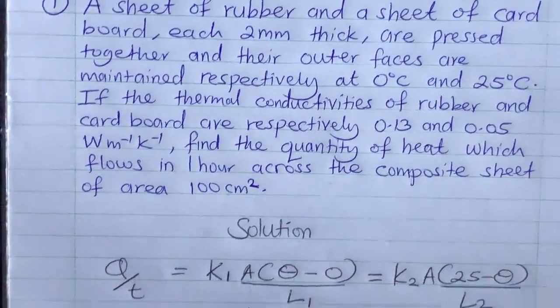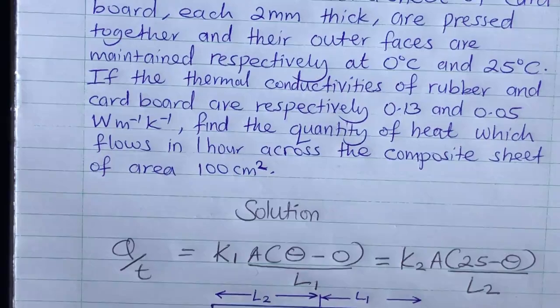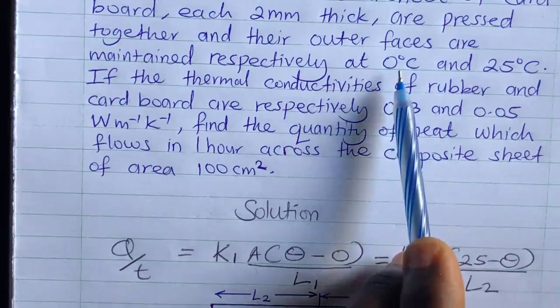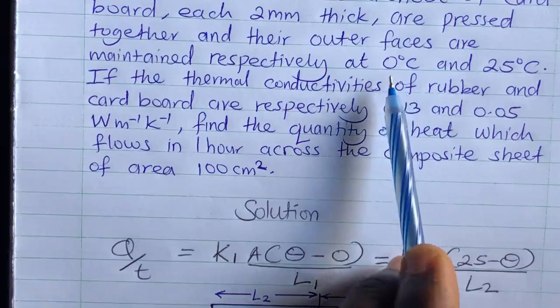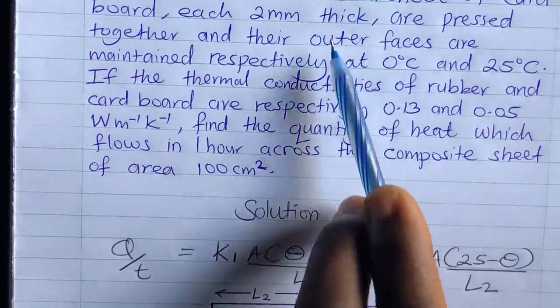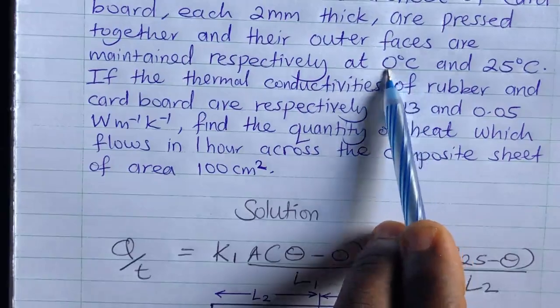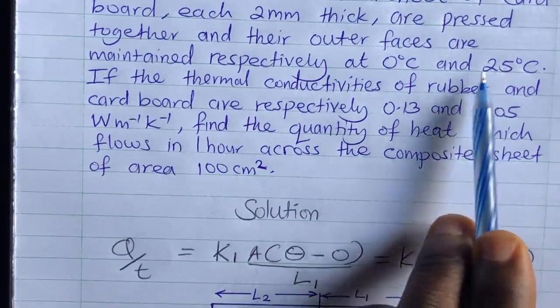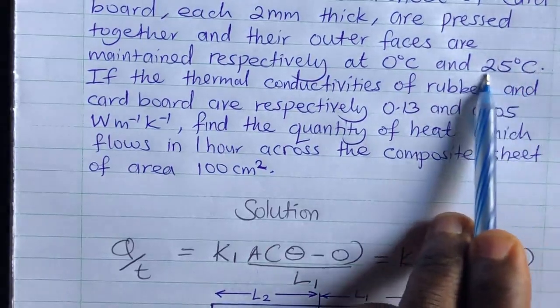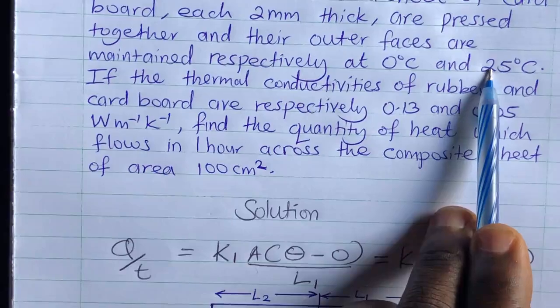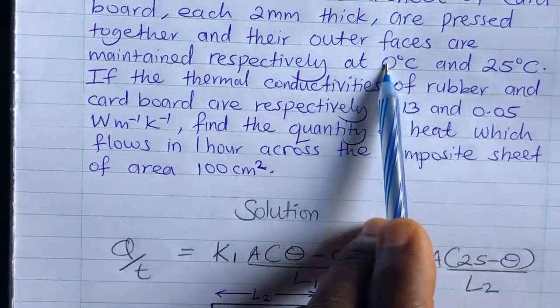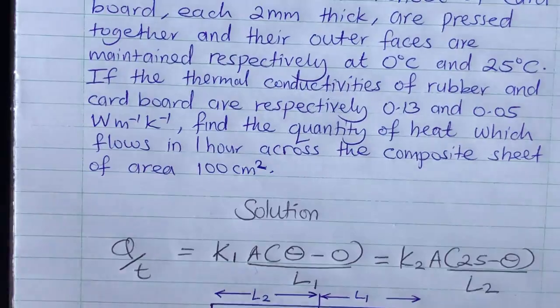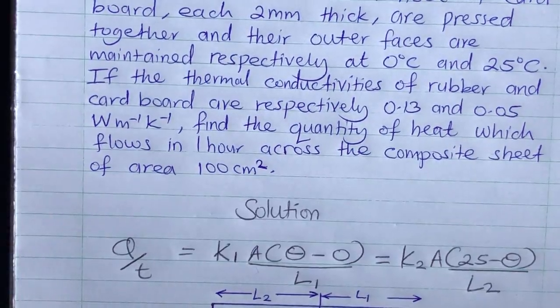And then, since they were placed together and their faces, how do we tell that that arrangement was series? When they tell us that their outer faces were maintained at 0 and 25, meaning that at 25 is where heat was entering from, and at 0 is where heat was leaving from.